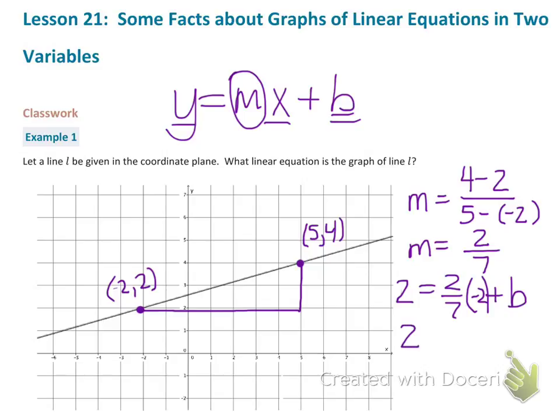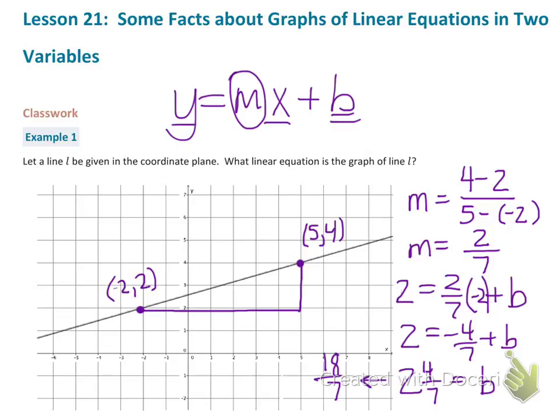So I've got 2 is equal to -4/7 plus b. Add 4/7 to both sides, and I get 2 and 4/7 equals b. I'm going to write this fraction as an improper fraction because we don't want to put a mixed number in an equation like this. So this would be 18/7.